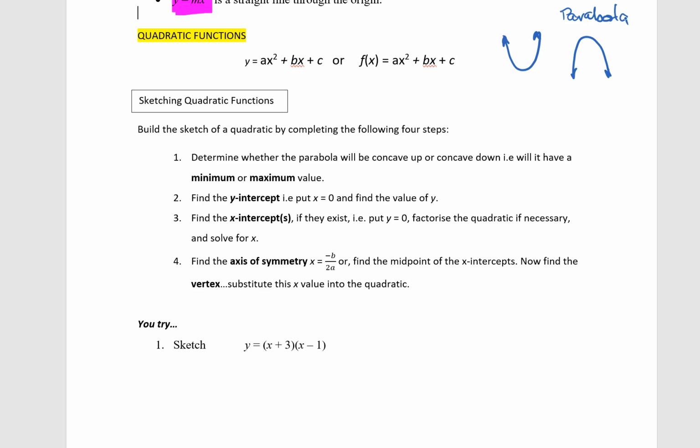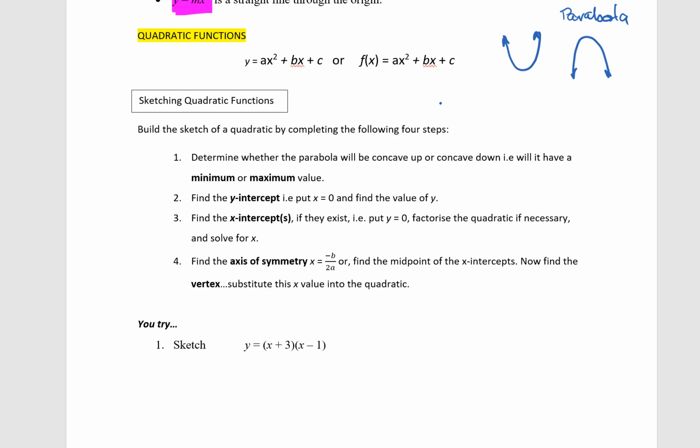Now, in order to sketch, because remember we're making the connection between the algebraic form and the graphical form, there's a couple of ways you can go about sketching the graph.